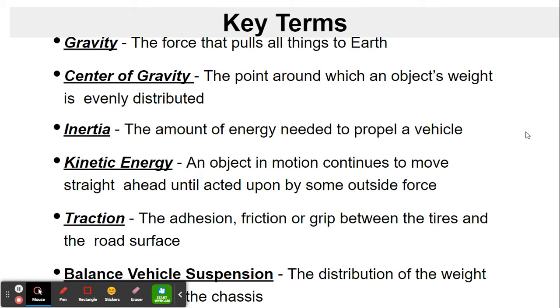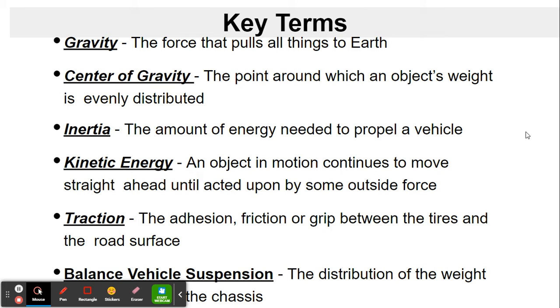So there are some key terms. Most of these we know already from school. Gravity, we know, is the force that pulls things down to the earth. Center of gravity is that point around which an object's weight is evenly distributed. So when we talk about center of gravity, we're talking about the car. Inertia is the amount of energy needed to propel a vehicle.